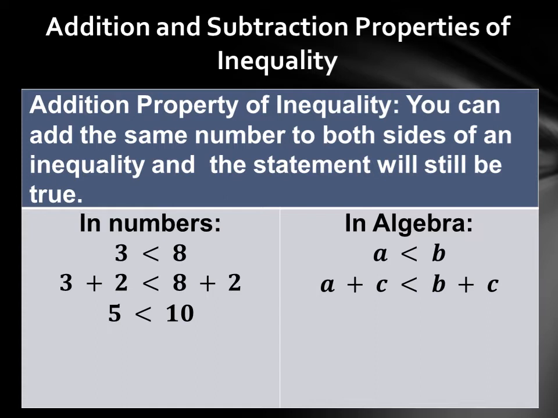Then we simplify 3 plus 2, that is 5, and 8 plus 2, that is 10. So, 5 is less than 10. It is true. While in algebra, if we have A is less than B, if we add C to both sides, we have A plus C is less than B plus C.